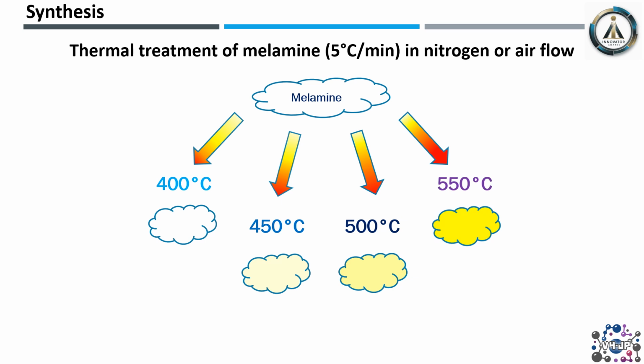And you can see also the color of our powders, which was from white through bright yellow to dark yellow. And dark yellow is the color that is classical for the graphitic carbon nitride material.